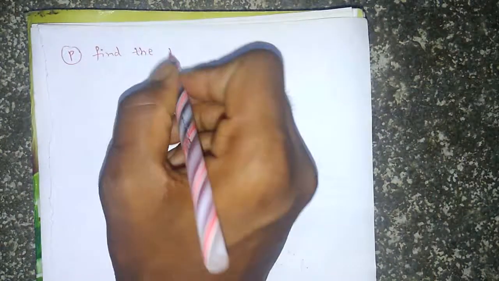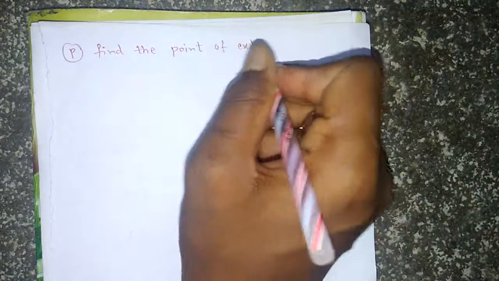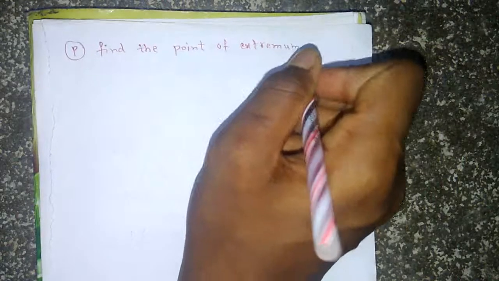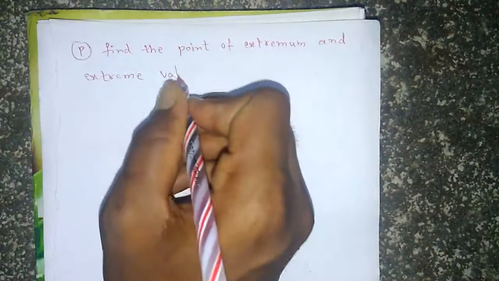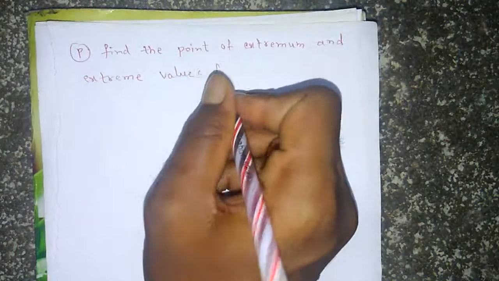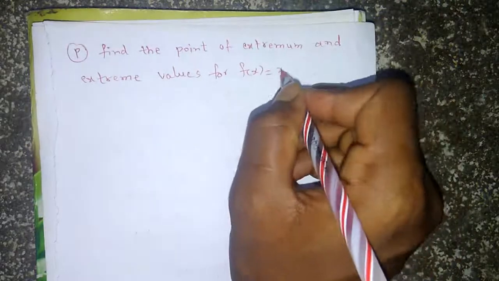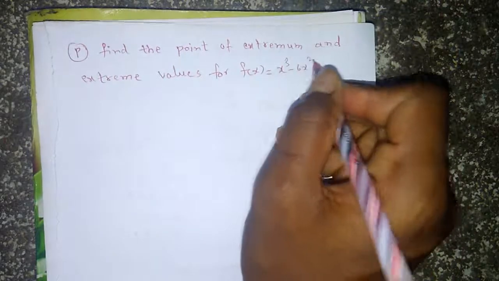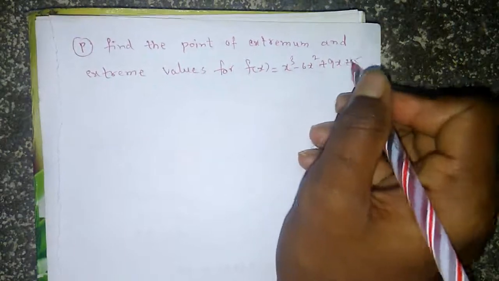Our next problem is: find the points of extreme and extreme values for the function f of x is equal to x cube minus 6x square plus 9x plus 15.